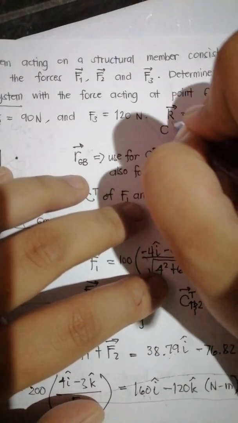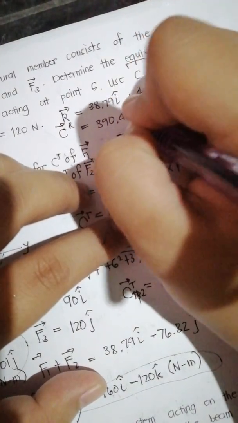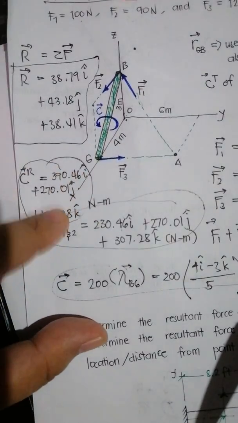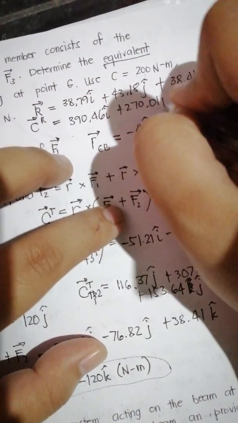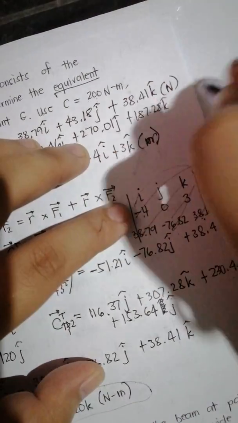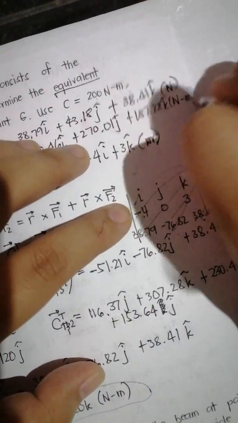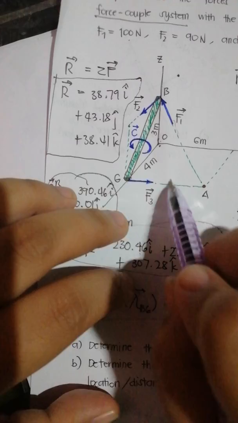As for the couple resultant vector, we have 390.46 I hat, 270.01 J hat, and 187.28 K hat. This is in Newton meters. So this is the equivalent force couple system of this given force system.